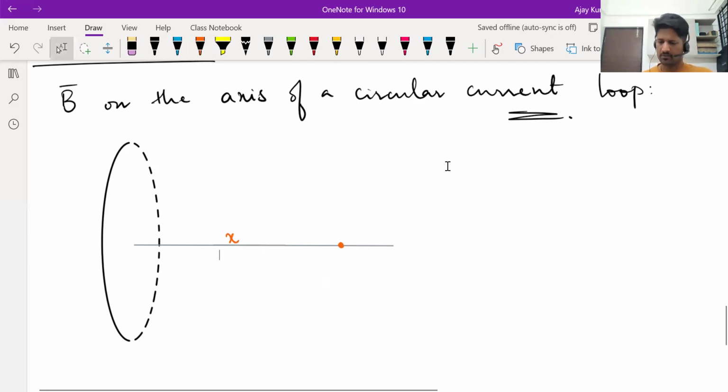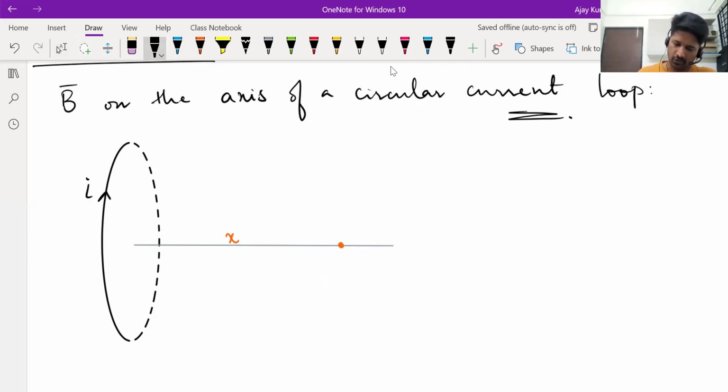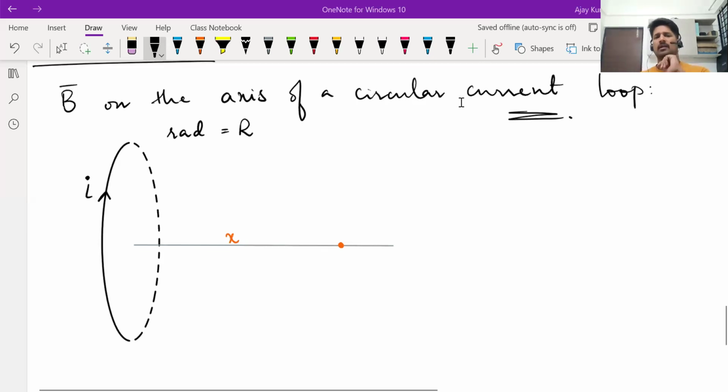Assume the loop carries a current I flowing like this. It could flow the other way also, not an issue. Assume its radius is r. Can one of you tell me an idea how to start this derivation?